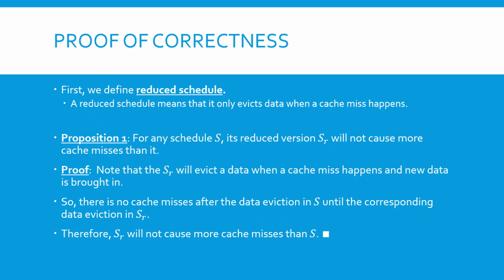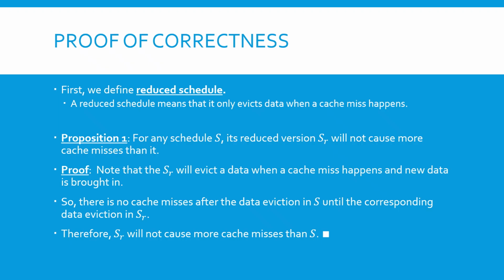Proposition 1 states an important property. For any eviction plan S, we can convert it into a reduced schedule SR and incur no more cache misses. To see why, observe that SR delays any eviction in S until the next cache miss, when an eviction is actually required.